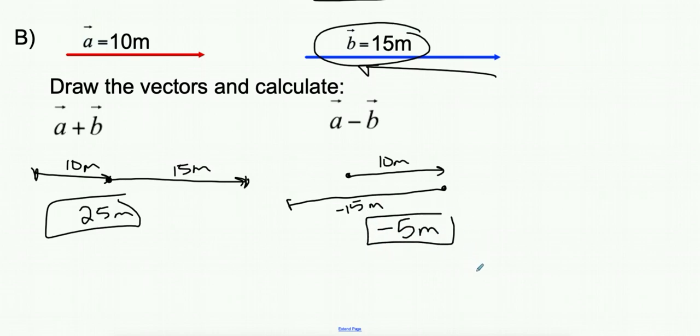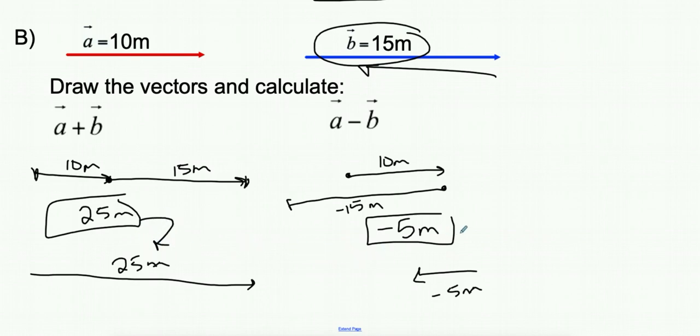If I were to draw vectors for my answers, these would be my vectors. Remember, the resultant vector is whatever you get when you add the two. So that's my 25 meter vector, and that's my negative 5 meter vector. We're 5 backwards from where we started.